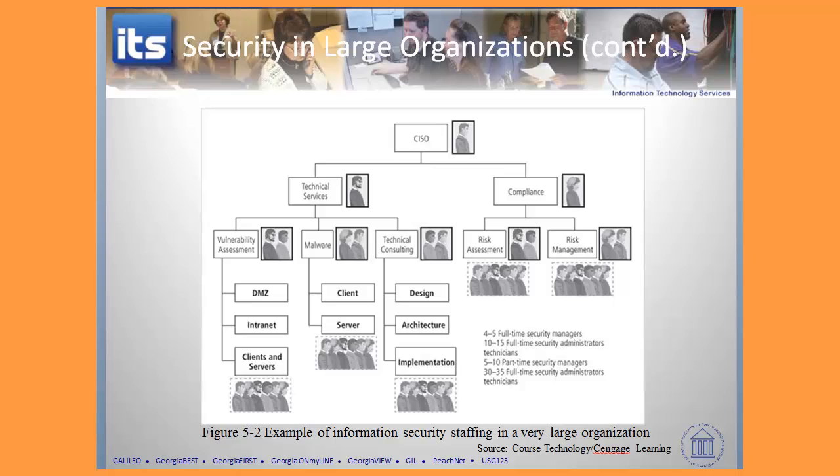You've got technical security and compliance. And then instead of splitting on policy and risk management, you've split based on compliance, and then you've got a risk assessment and a risk management group that are split out, and then some subgroups underneath your technical services that look at it a different way.